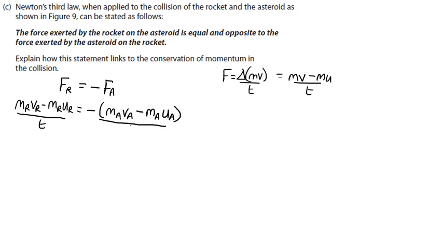over time as well. Now, the times must be the same because obviously the rocket is touching the asteroid as long as the asteroid is touching the rocket. Okay, so the time that they're in contact must be the same in both cases. So what we can do is we can just cancel those on each side.